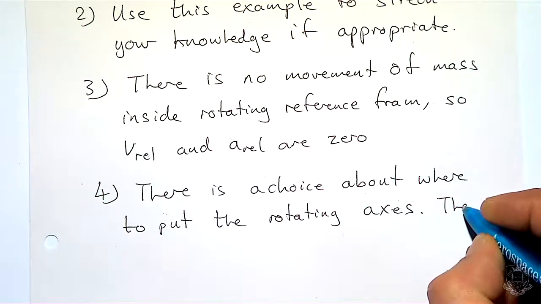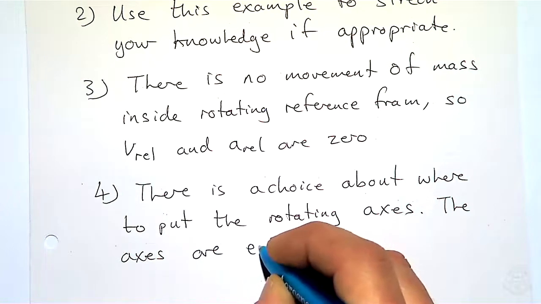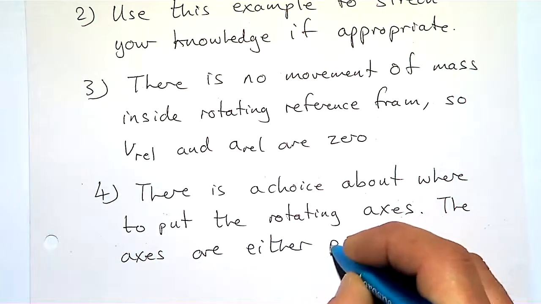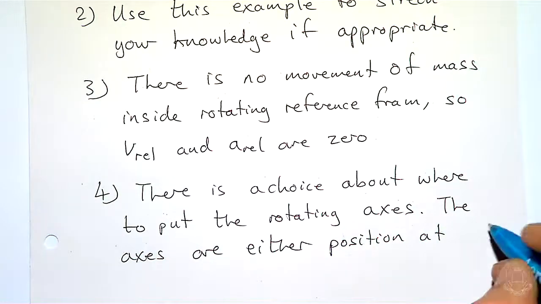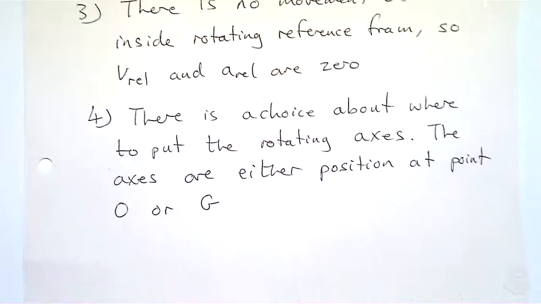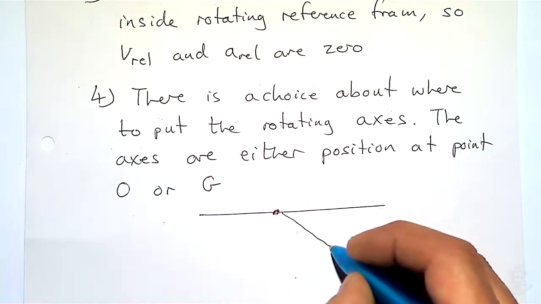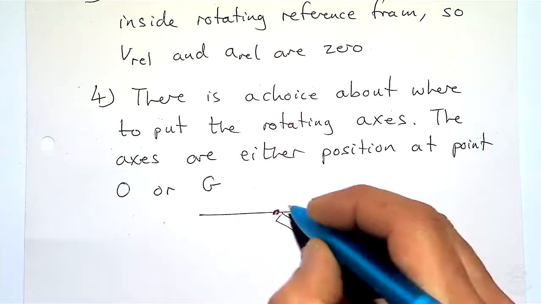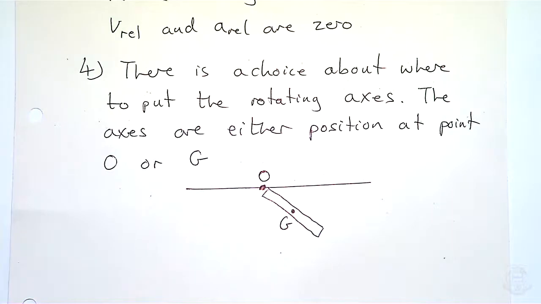So the axes are either positioned at points O or G. Now in the car door example, this means the car door is like this. Point O I think is there, and point G is here. Point G is the center of mass, like it was in the analysis we just went through.